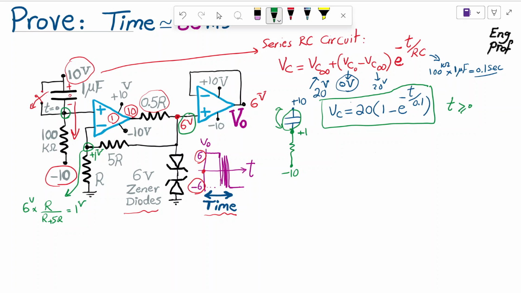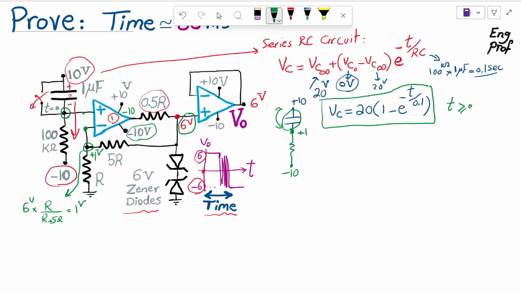As soon as it hits 1 volt and goes below 1 volt, then suddenly the negative input terminal of the op-amp has higher voltage than positive. Therefore, immediately the output switches to negative saturation, so it is negative 10 volt, ideally equal to the negative supply.